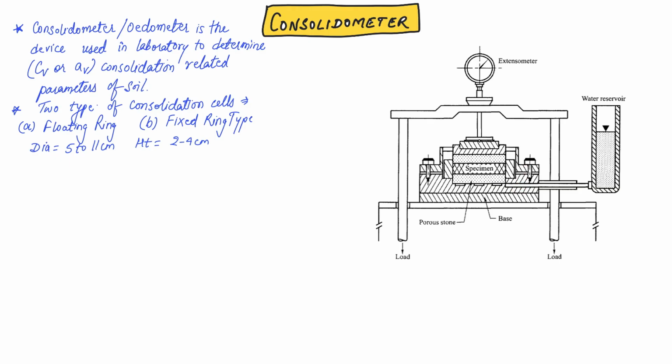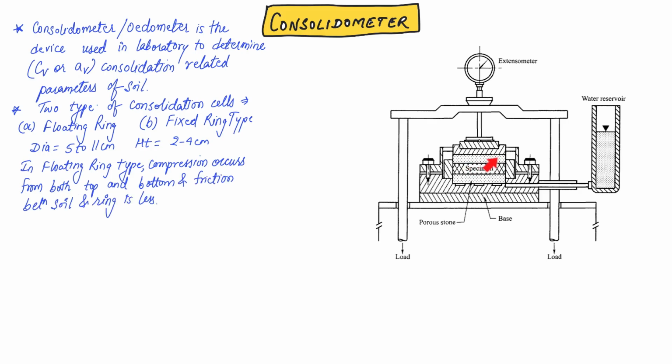In a floating ring type, the ring is free to move in the vertical direction. And here, in floating ring type, compression occurs from both top and bottom, and friction available between the soil sample and ring is comparatively less.